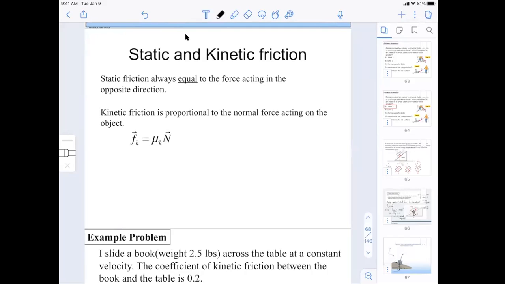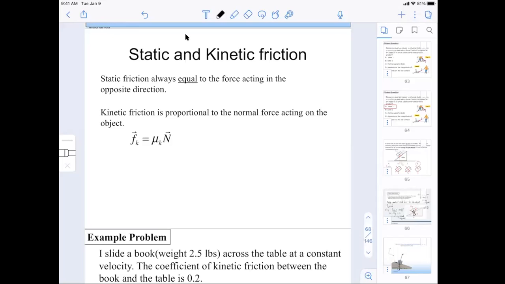But if you pull really hard, 50 pounds is the force you act on the table, it's still not moving. So the static friction must be 50 pounds to cancel out the force that you're exerting. So static friction really changes based on the other force that it is balancing, right? It's always going to equal the force acting in the opposite direction. Kinetic friction, however, is a fixed value.